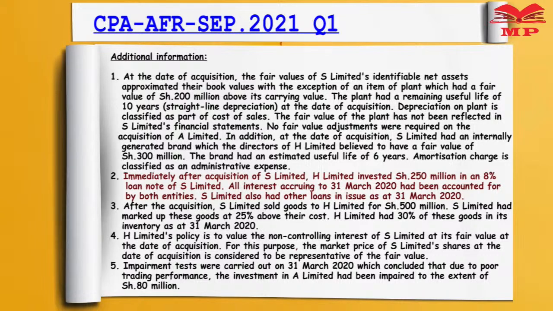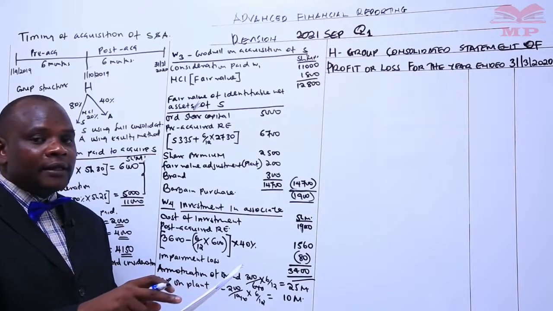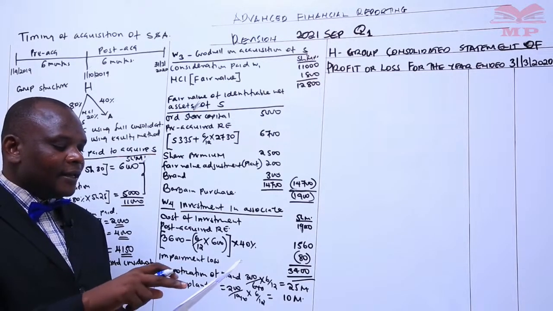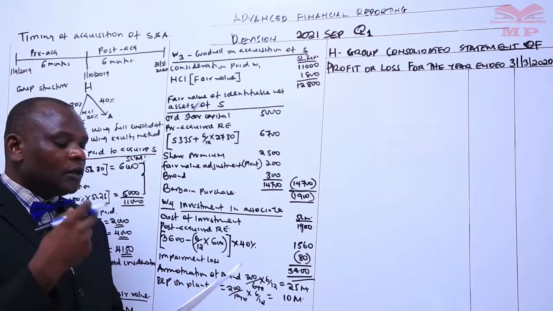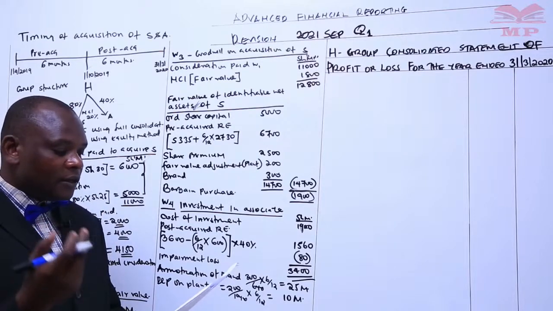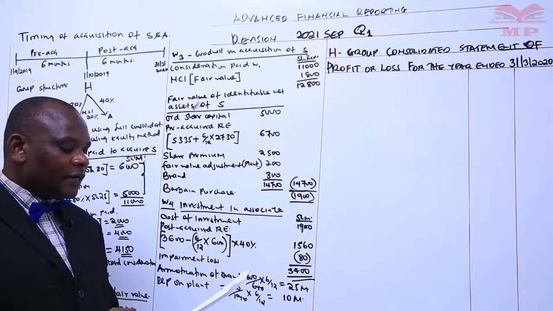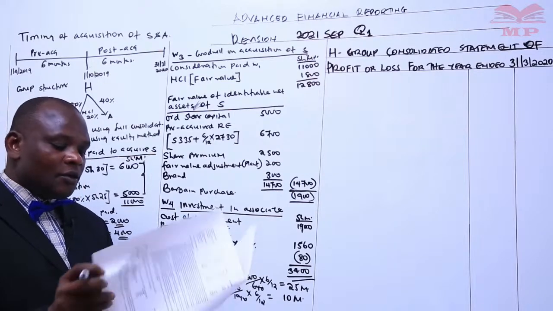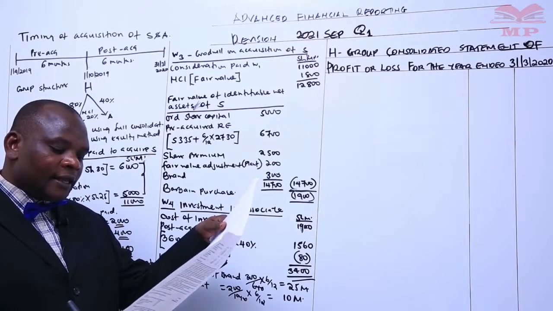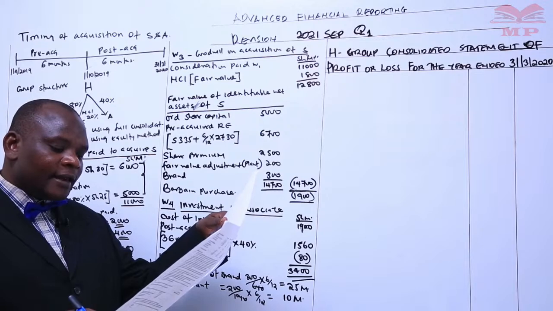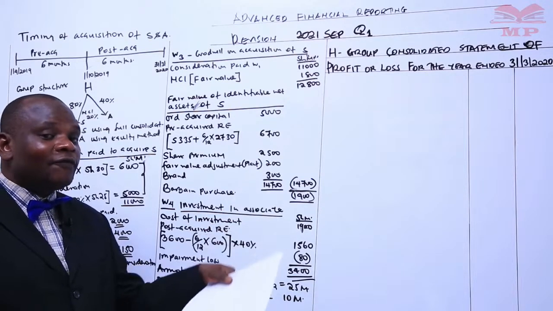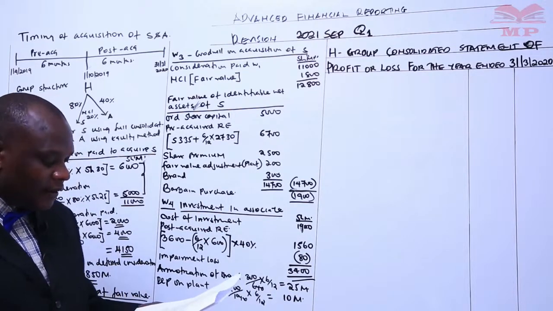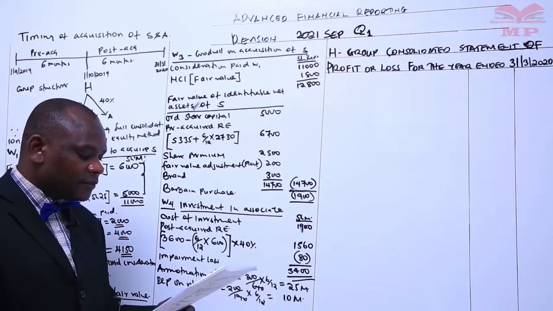S Limited also had other loans in issue. If you look at the 8% loan note in the balance sheet, it is remaining with 2 billion. That means it was having 2,250 million loan notes, and 250 has been taken by H, which is demonstrated in the non-current assets. Under non-current assets, you can see financial assets worth 250. So it has been recorded. The information there is there to guide you.